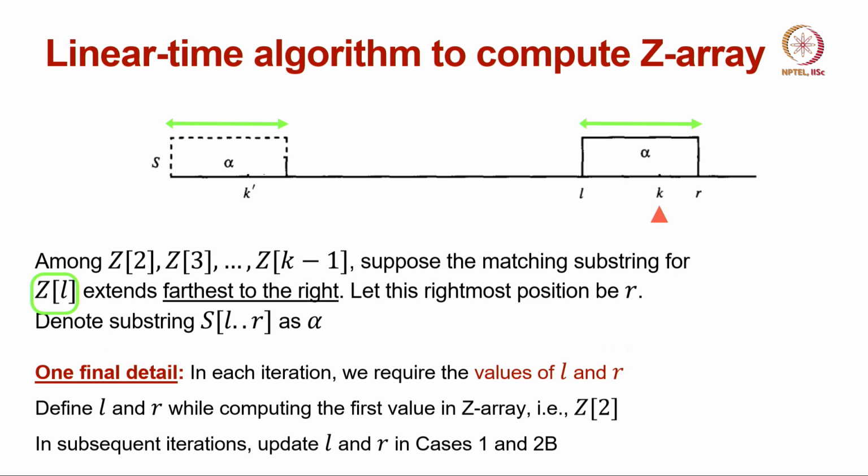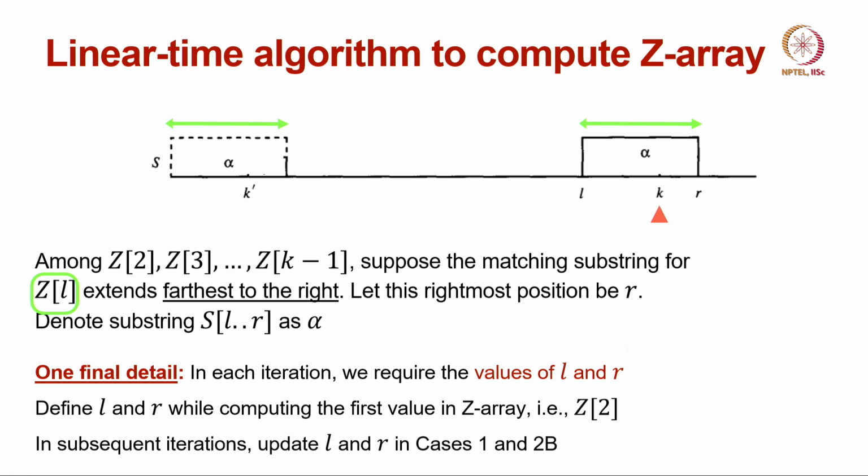We follow the strategy that when computing Z2, the first value of the Z array, we also compute L and R based on the value of Z2. So if Z2 is 3, then L will be set to 2 and R will be set to 4.